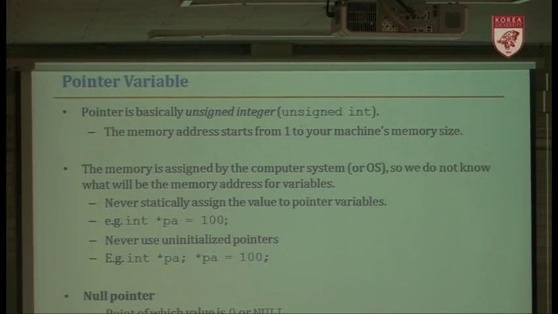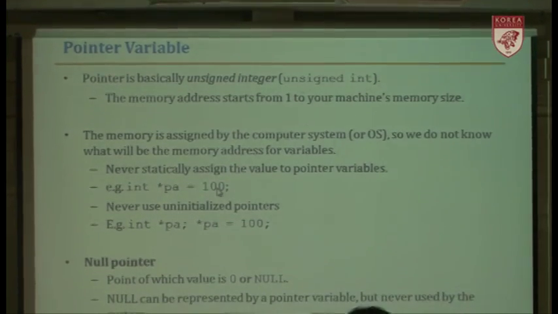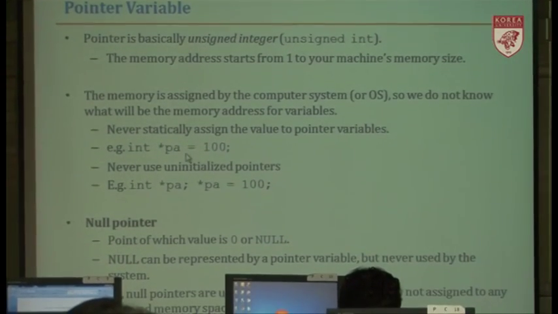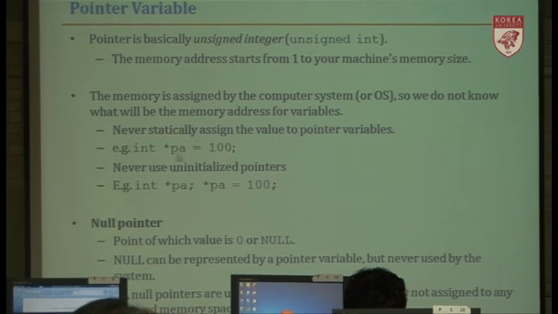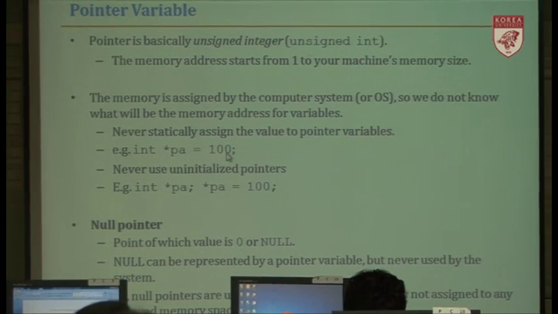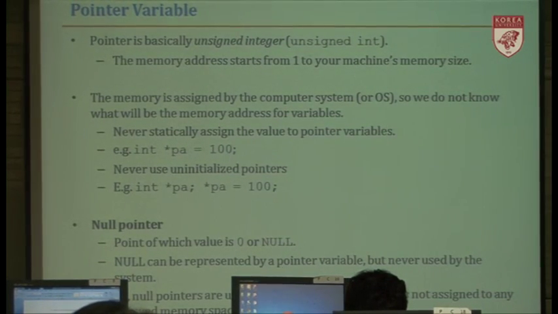Because of this, here's the important thing. First, never statically assign a value to the pointer address. Never. For example, int *pa = 100. That means we initialize pa to 100, so pa is pointing to the memory space whose address is 100.